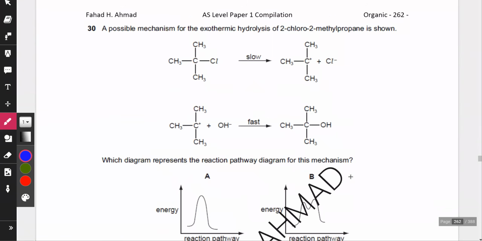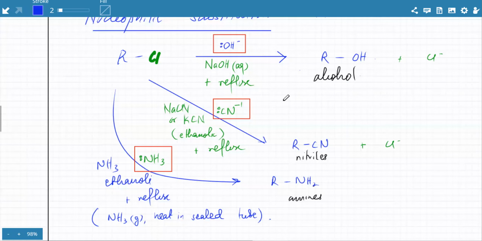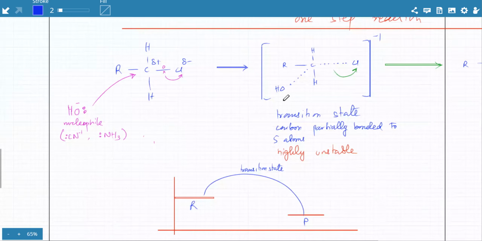Then this one is the hydrolysis of a tertiary halogenoalkane. Look at the carbon atom. It's bonded to 3 carbon chains. It's a halogenoalkane. So just a quick recap. The quick recap was this was the SN1 mechanism.